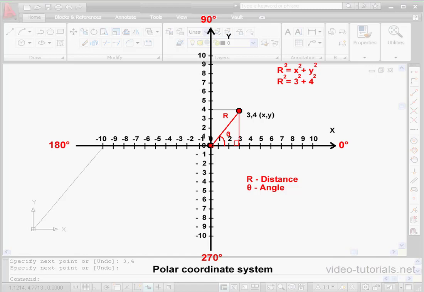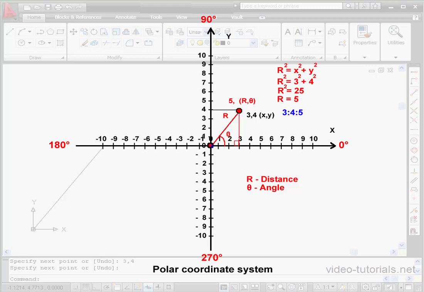This means that the distance r² equals 3 squared plus 4 squared. r² equals 25, and the square root of 25 is, of course, 5. Basically, our distance equals 5, and our right triangle here has the ratio 3 to 4 to 5. We have our first polar coordinate, r, the distance, equals 5.